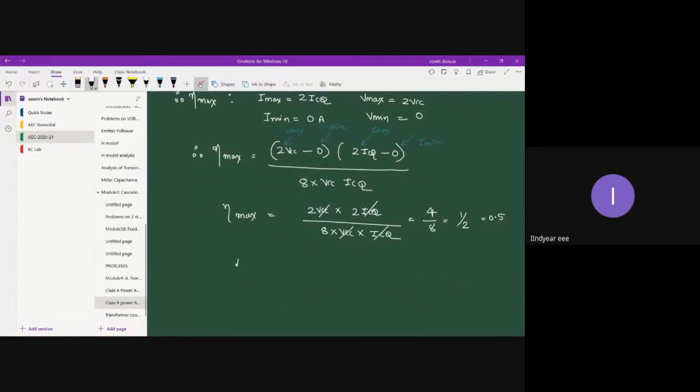In terms of percentage, eta max is equal to 50%. So that is what we were claiming in the beginning, that a transformer coupled class A power amplifier gives a conversion efficiency of 50%, which is the maximum.